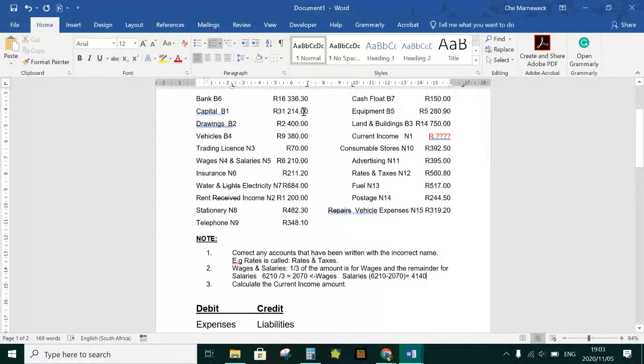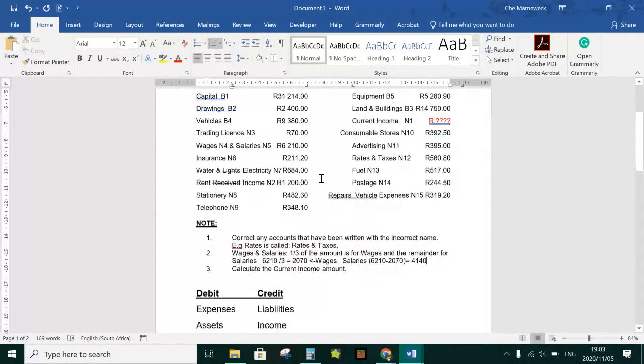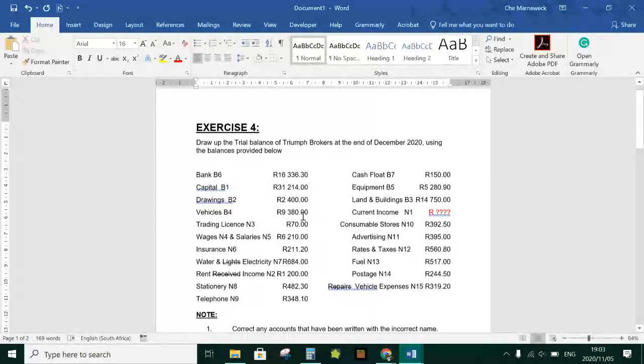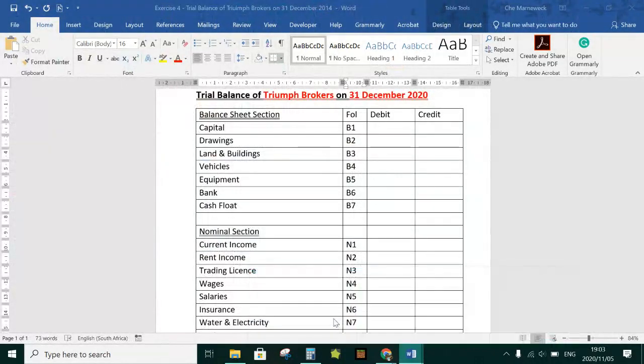So we start with capital. Capital is 31,214. Capital is under credit. So we're going to credit 31,214. Let me go to drawings.